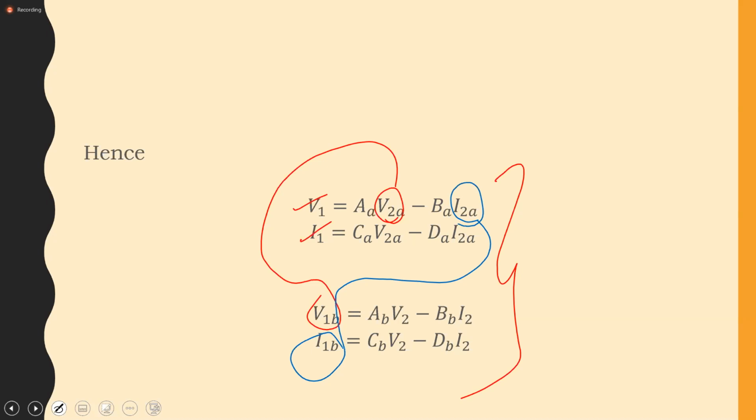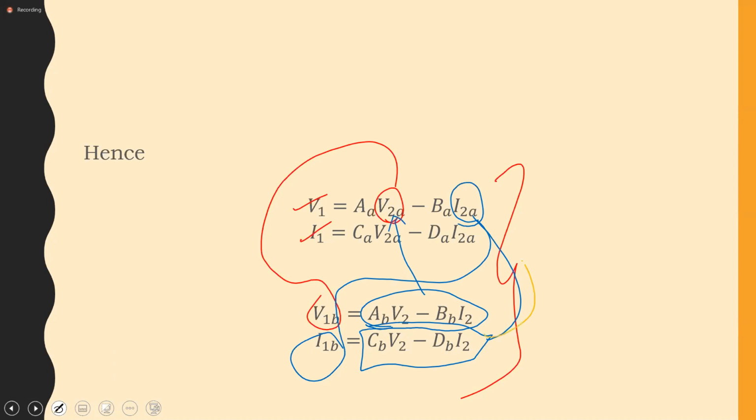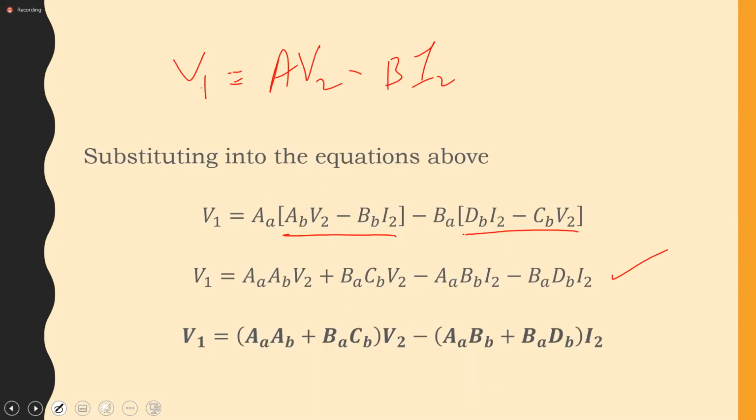So V1B, I'm going to substitute it here. This is I1B. I'm going to substitute it here. Let me use a different color. I'm going to substitute it here for I2A or minus I2A. So we make that substitution, and that's what we have.